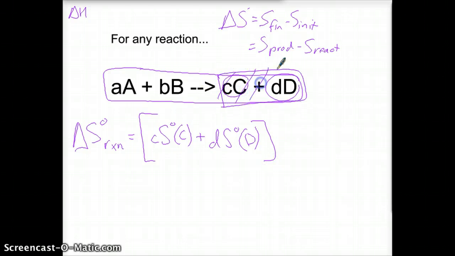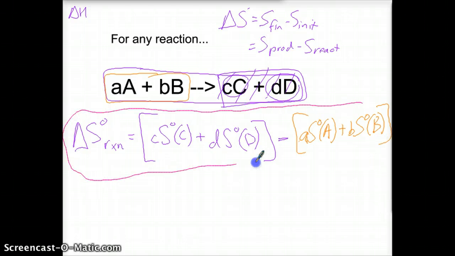Minus the entropy of our reactants. In this case, A times the entropy of A plus B times the entropy of B. So that is the general form, the general equation for calculating the entropy change of any reaction.